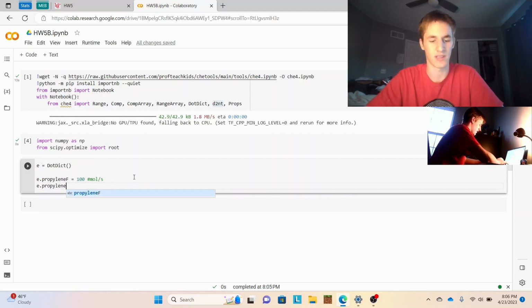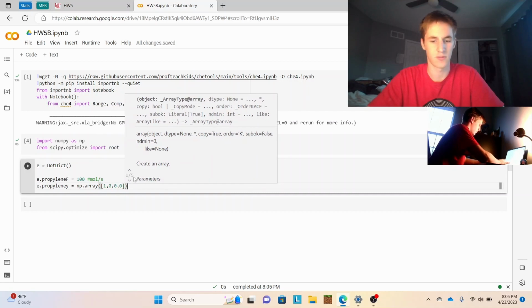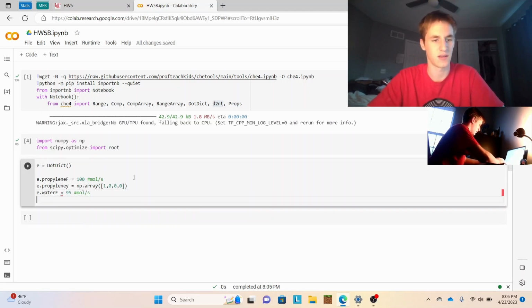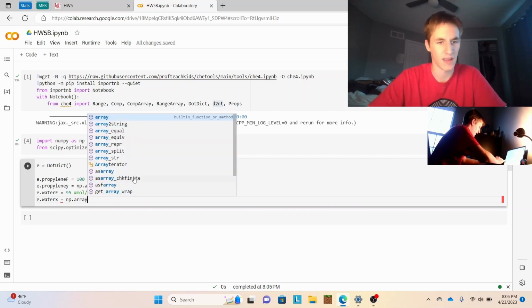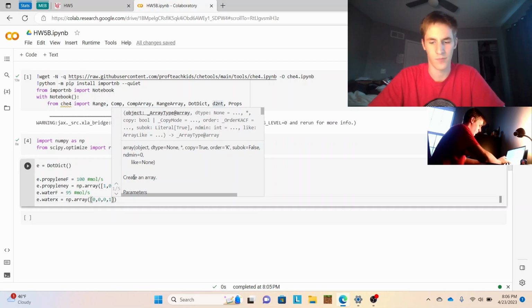So E dot propylene mole fractions, and we have np dot array 1 0 0 0, and we have our water feed equals 95 moles per second, and our water mole fractions, we have another array that is 0 0 0 1.